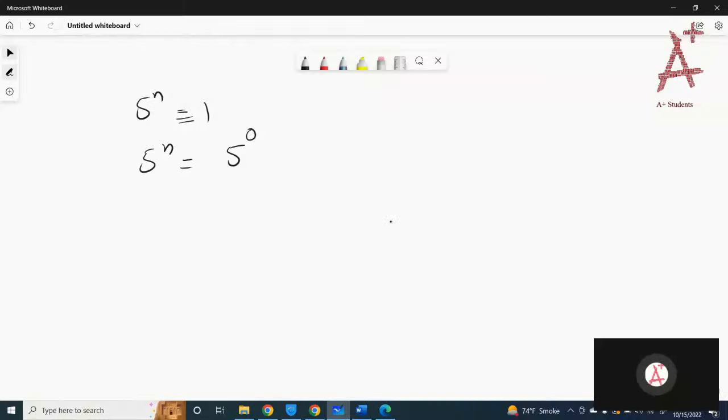Got it? So here you have 1, you can write it as 5 exponent 0. Now that means here you have n equals 0. Got it?